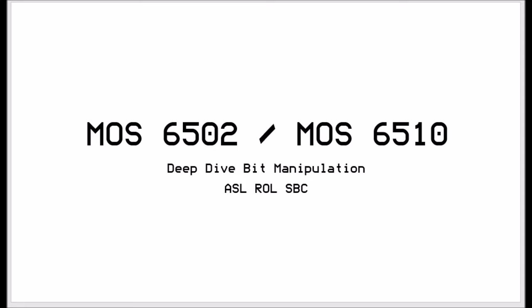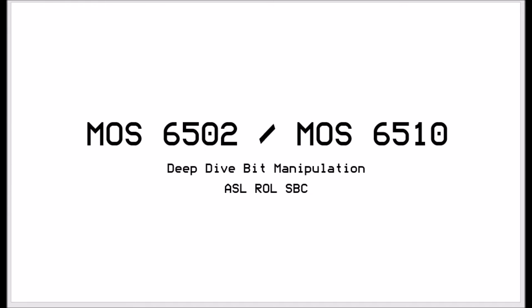Well, I've been private messaged and asked if I could do the 16-bit divider as well, instead of just saying that the divider was the opposite of the multiplier and using the logical shift left and rotate left. So I thought I'd leave it a couple of weeks to see if you guys could figure it out, but here we are, and this is bit manipulation part 2, which is the shifting left instructions.